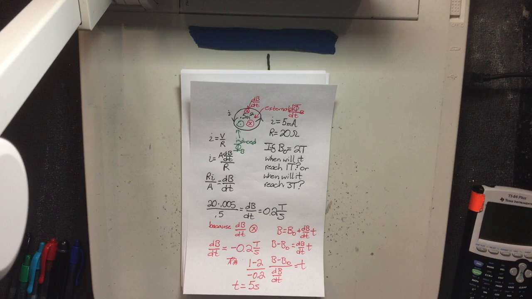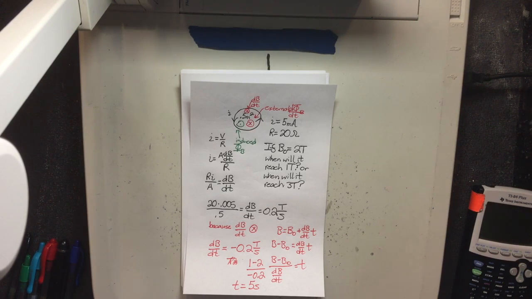And how do you know that it will reach 1 Tesla or that it's decreasing? Because I know for a fact, and this is how I see it, I gave you the current as counterclockwise. That means the induced flux has to be out. A counterclockwise current produces a flux that's out.